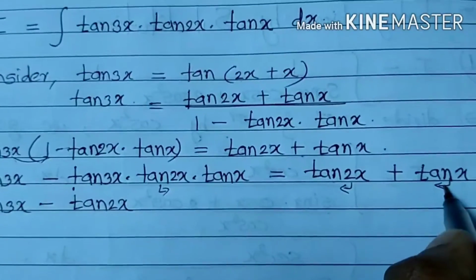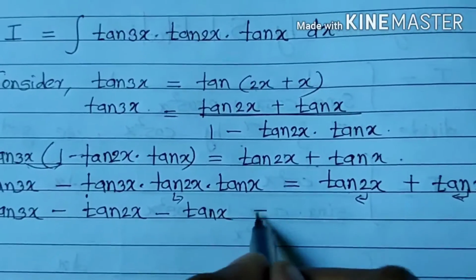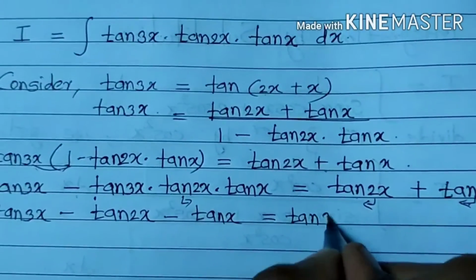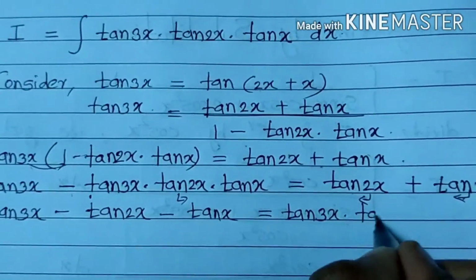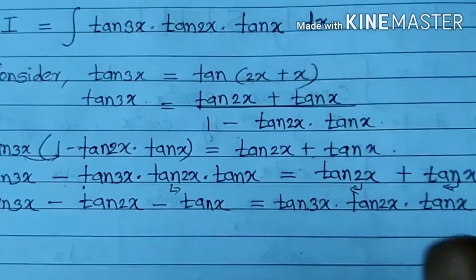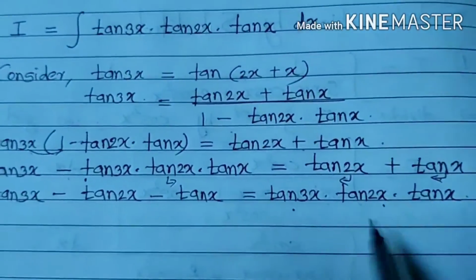Here is also plus tan x, it will become minus tan x. And here minus, so it will become plus tan 2x into tan x. Now you can observe this tan 3x, tan 2x into tan x.